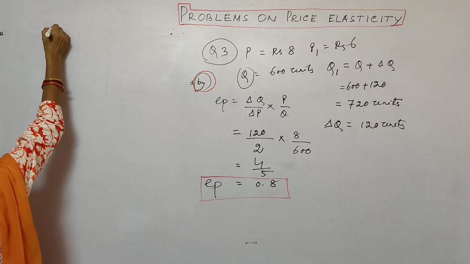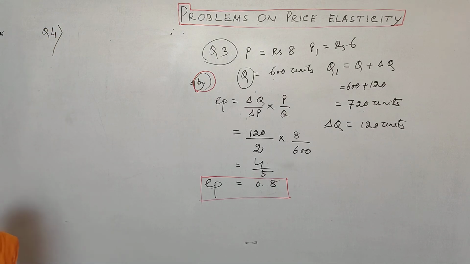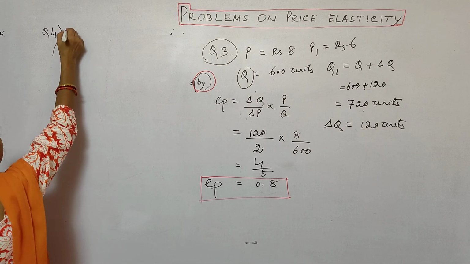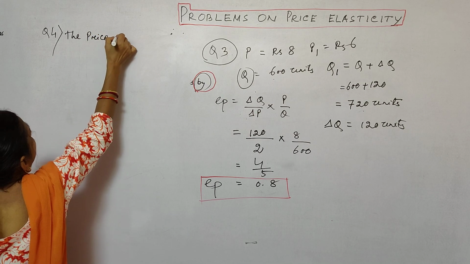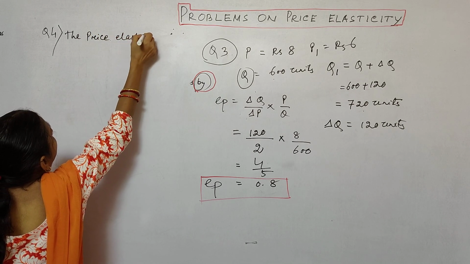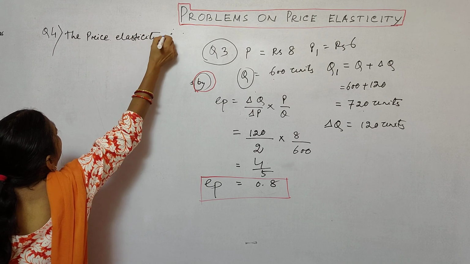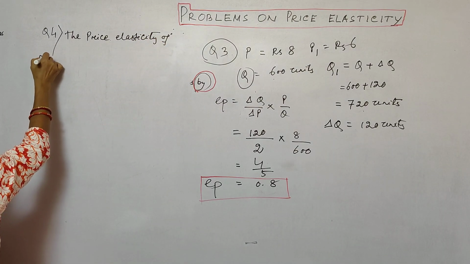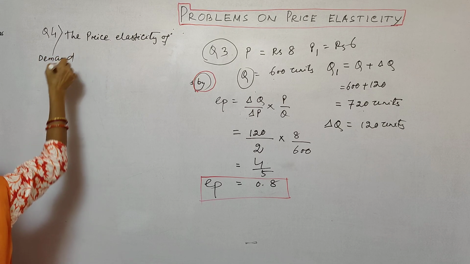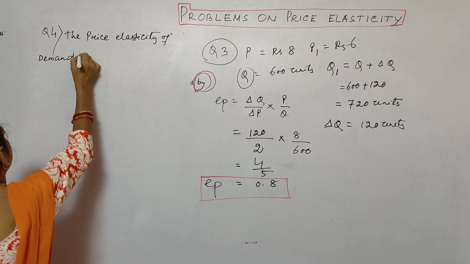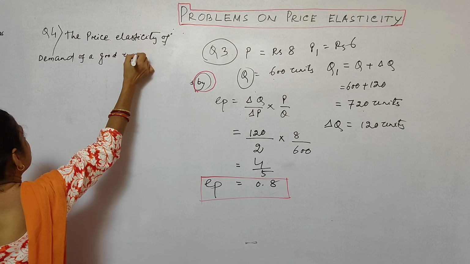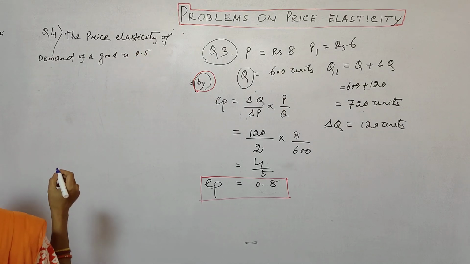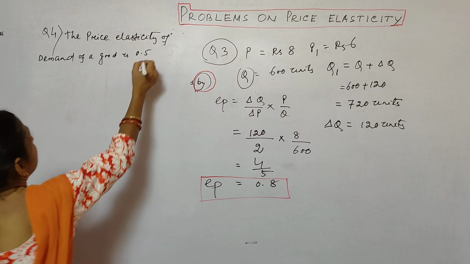Problem 4. The price elasticity of demand of a good is 0.5.